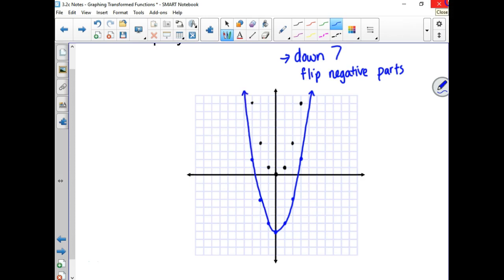And just for a little bit of clarity, I'm going to erase those original points there. Some of you may not like having those original points anyway, so you might erase them every time. That's fine. I'm going to erase them here because I think they kind of get in the way of figuring out where everything's at.